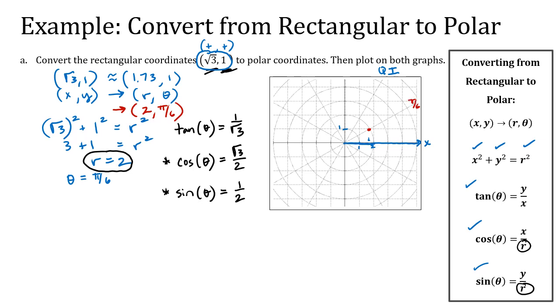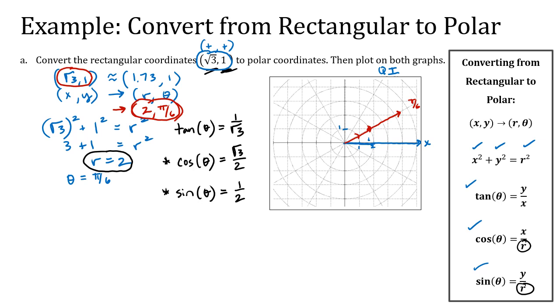And if I draw that directed line segment through pi over 6 and I go a radius of 1 and I go a radius of 2, it is in the same location. And that's good. That's what we want. So on a rectangular coordinate system, square root of 3, 1 is in the first quadrant, and that matches on a polar coordinate system, the polar coordinate of 2, pi over 6.